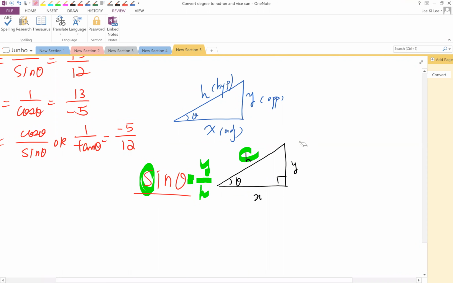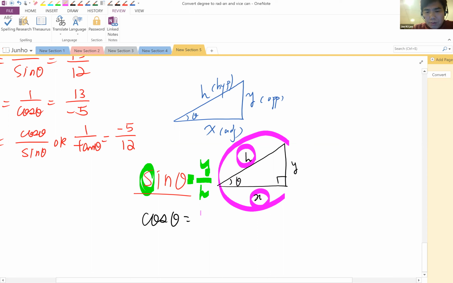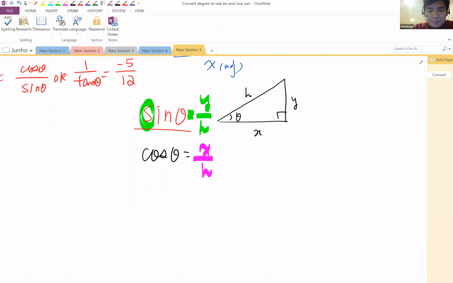And now, what about cosine? C. Cosine starts from C here, right? Again, ending to beginning. So we end at X and began at H, so it becomes X over H. Tangent. Tangent theta starts from which alphabet?